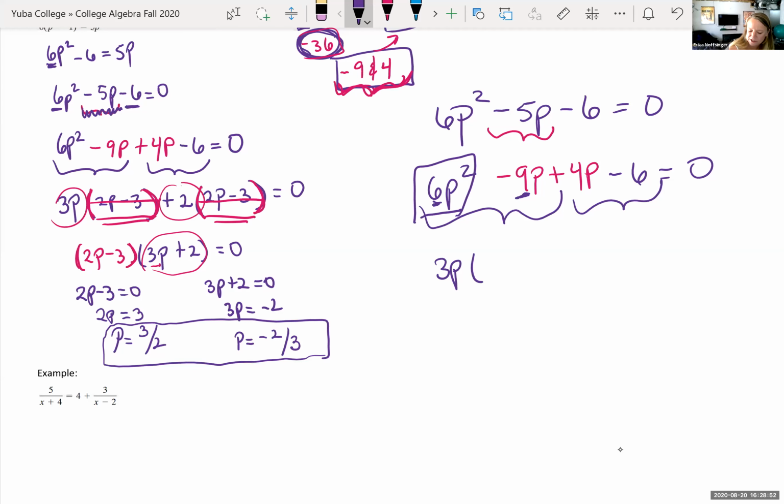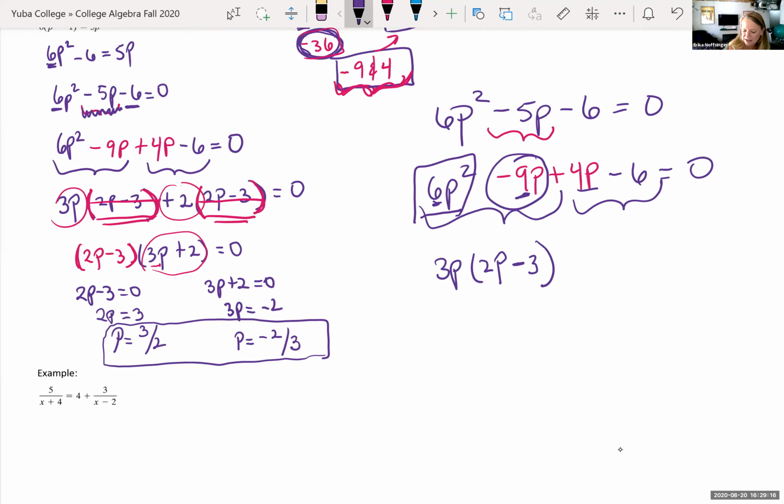Well, 3 times 2 is 6, and p times p is p squared, so there should be a 2p left in this piece. And if we pull out a negative 3p from the second piece, I know I need a negative: 3 times negative 3 is negative 9. And I pulled out this p, so there's no p left.